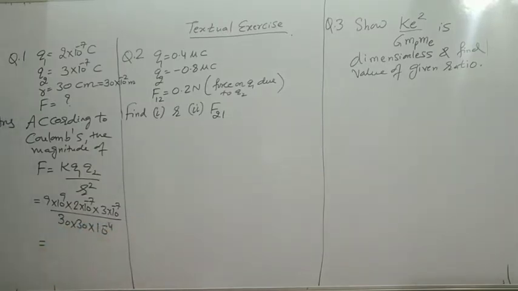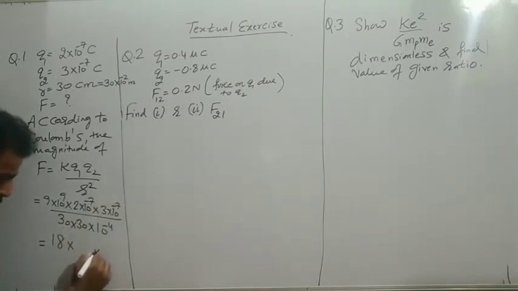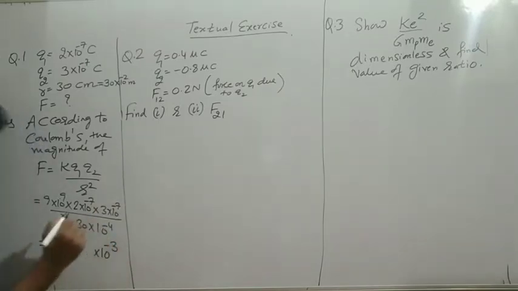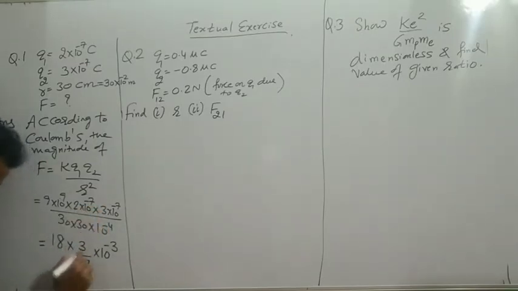So this is equal to, now 9 into 18, and minus 7 and minus 7 gives minus 14, plus 9 gives minus 5, this plus 4 comes up, so minus 5 plus 4 is minus 1, divided by these 2 zeros, that is into 10 raised to minus 3, and this is 3 upon 9.